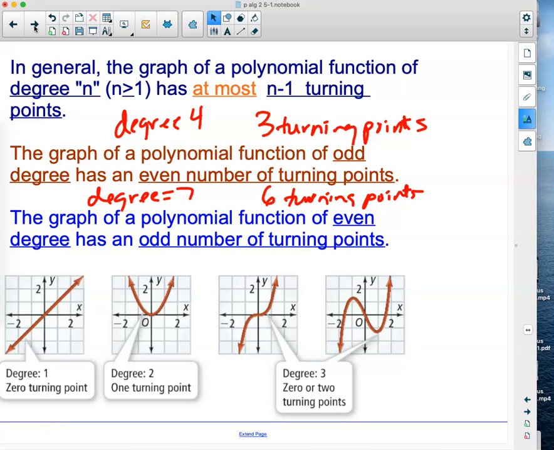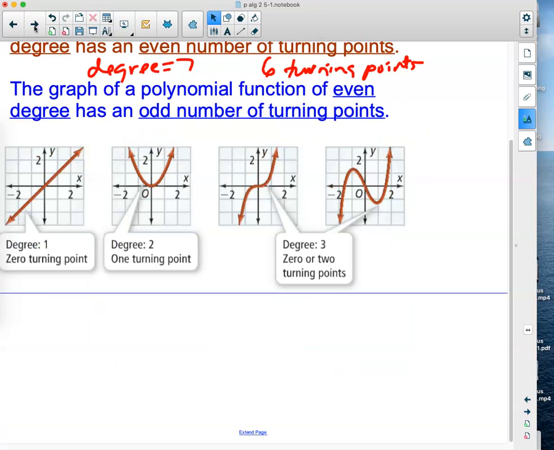Yeah, but remember, this is at most. So a degree 7 polynomial might have at most 6 turning points. It might just have 2, 4. Never know. So that's why we use the graphing calculator to tell us about the turning points. The graph of a polynomial function of even degree, for the same reason, will have an odd number of turning points.